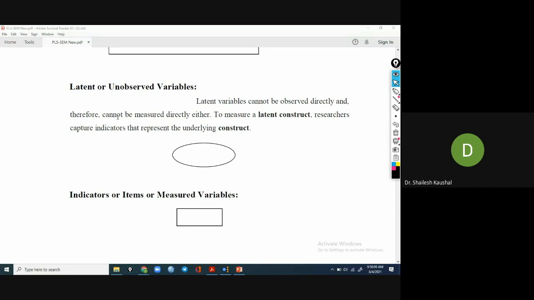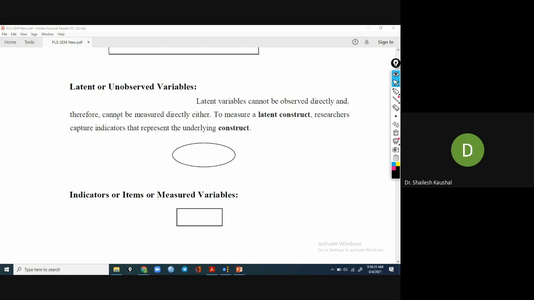If I meet a doctor and say, sir, please tell me what is the problem with me, the doctor cannot observe it directly unless I tell him I am feeling body headache, high fever. On the basis of the symptoms or questions, we can identify latent or unobserved phenomena.